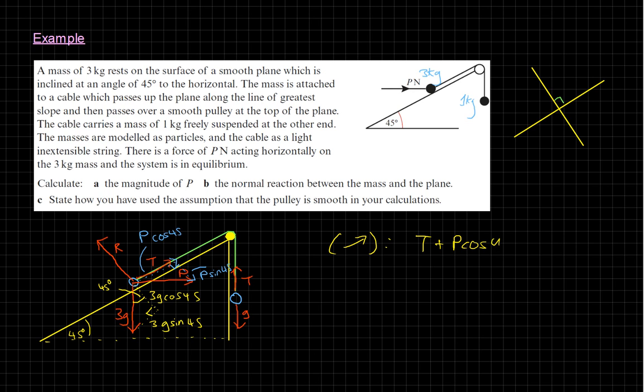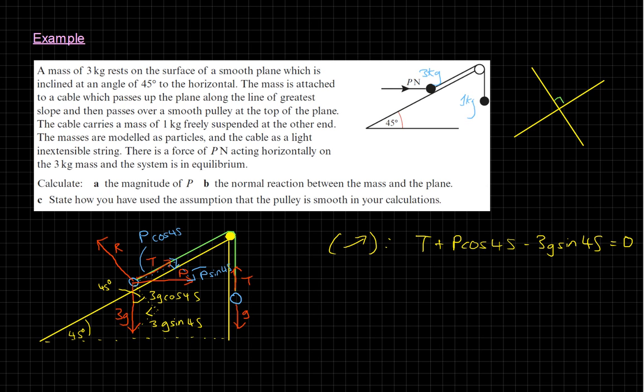Anything else? The weight has a component going down, which is this one here. That's the 3g sine 45. So minus 3g sine 45. And I think that's it. So we're going to equate it to 0 because it's an equilibrium. Okay. The R is completely perpendicular to the direction of the slope, so it has absolutely no effect.